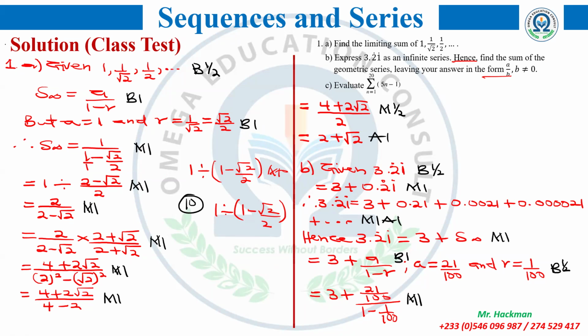The first term is 3, and then the next term was 0.1. Okay, it's fine. I guess you've seen the following term.